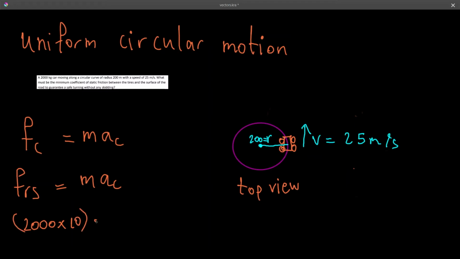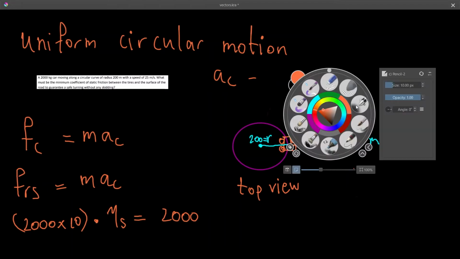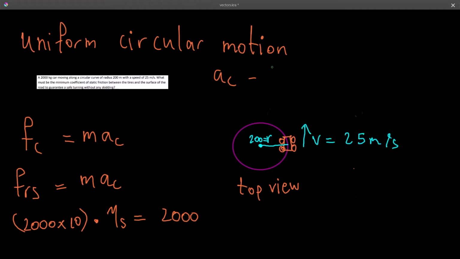And then multiplied by the coefficient of static friction, we'll call it mu s, must be equal to mass, which is also 2,000, multiplied by AC, and we know that AC is equal to V squared over R, right? So now just substitute V squared over R instead of AC.